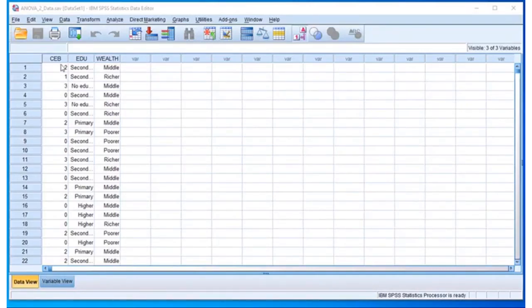You can see here the first variable is a continuous variable, total number of children ever born, as it is measured.